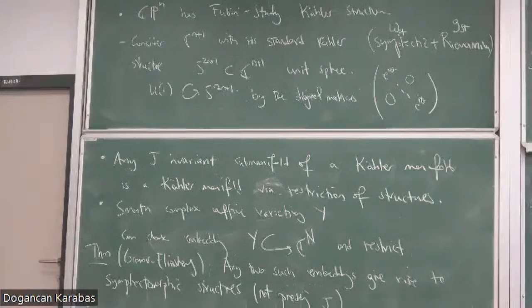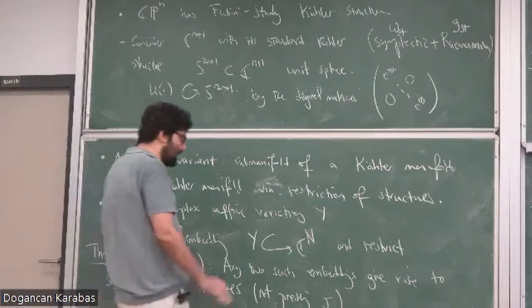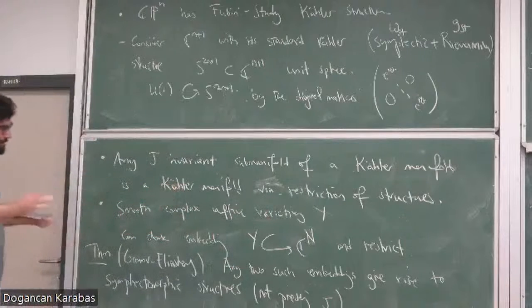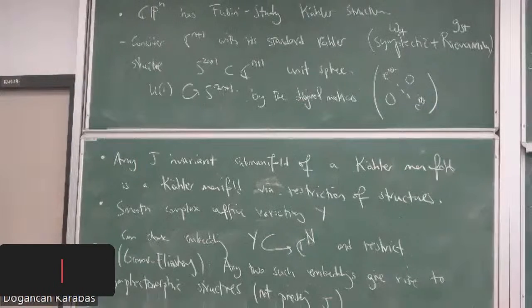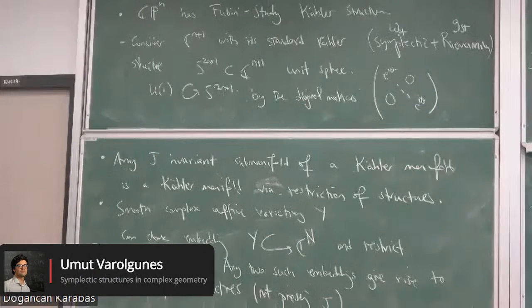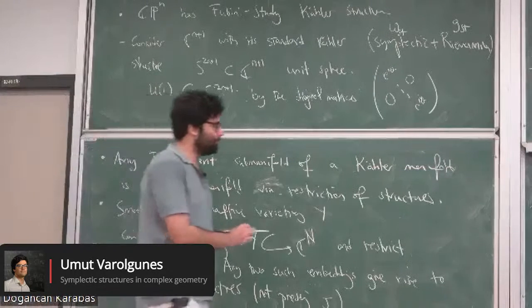You get two different symplectic structures, and these two symplectic structures are actually symplectomorphic to each other. So you can find a diffeomorphism of Y such that one symplectic structure is pulled back to the other symplectic structure. Okay, so for example, what you can say is the resulting symplectic structure is unique up to symplectomorphisms. And any symplectic construction that you make should be invariant under symplectomorphisms. So there's this uniqueness theorem.